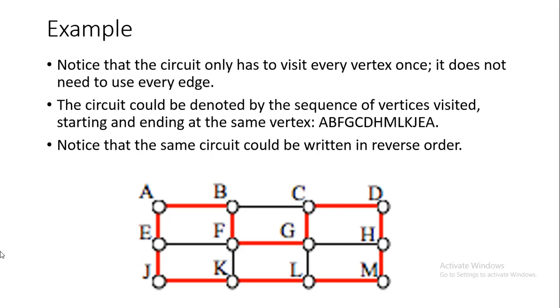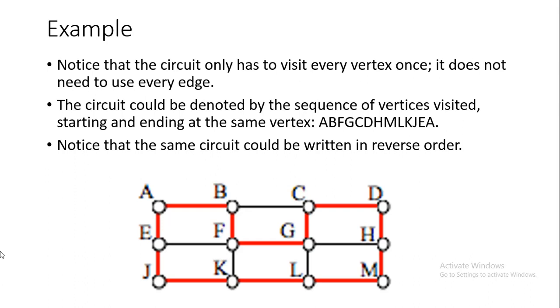So see here, AB, then BF, then FG, then GC, then CD, then DH, then HM, then ML, then LK, then KJ, then JE, and E to A. So in this circuit, every vertex is visited. So we can say that this is a Hamiltonian circuit.